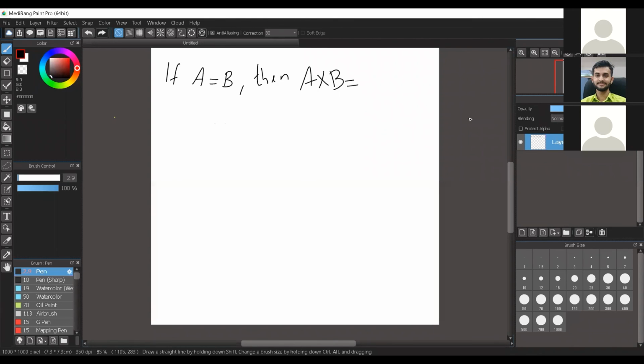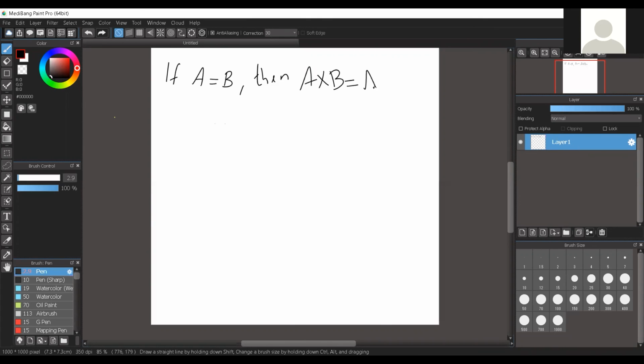Okay. Now the second formula: if A equals B, then A cross B equals A square. Why A square? Because we said A equals B, just the same as saying A into A. That is A square. Now we need to prove that. How is it going to be proved? We have set A, it's 1, 2.